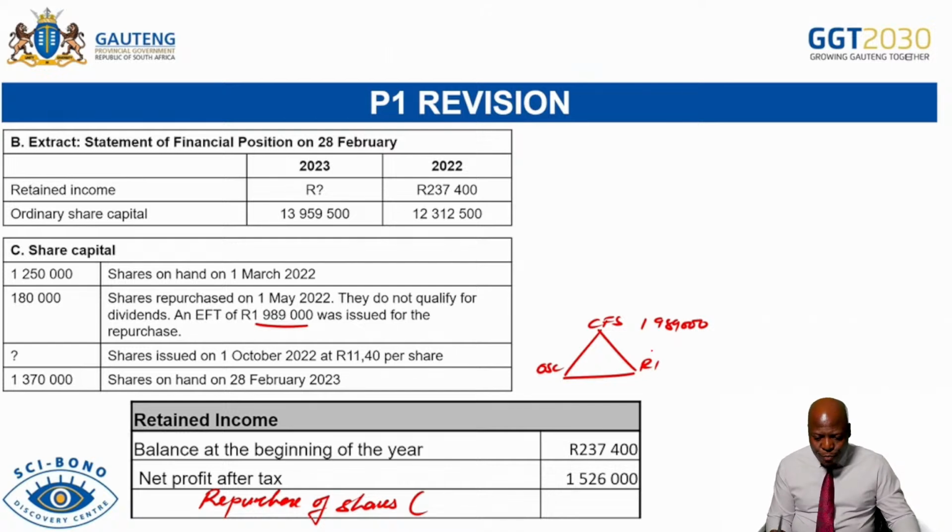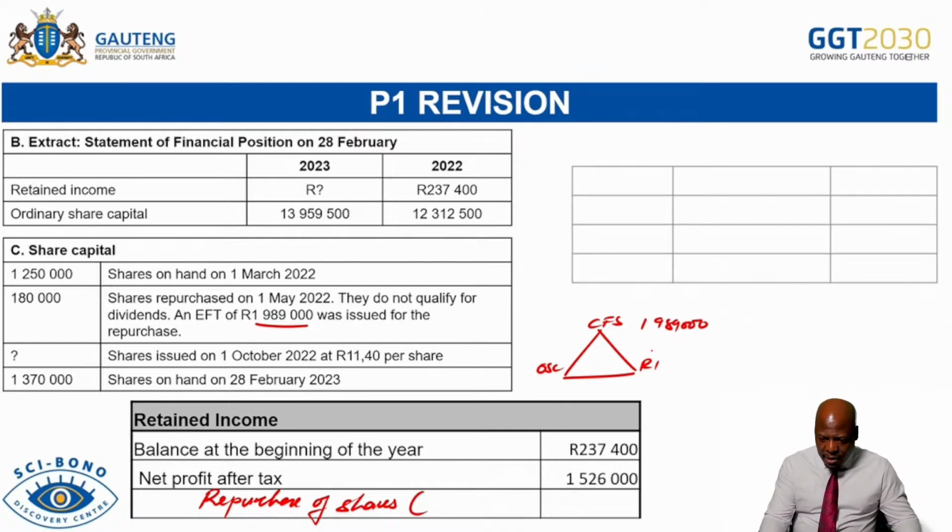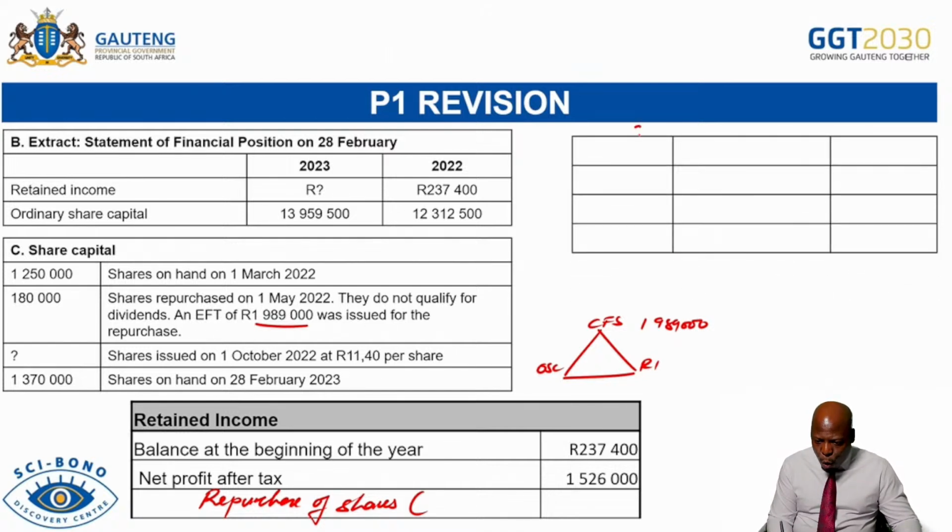Okay, so to make this a bit easy, let's see if we try to open a mini ordinary share capital note. So what that means is, at the beginning, we had an amount on ordinary share capital, which is the 12 million here. So you can see it's 12,312,500. And this is at the beginning.